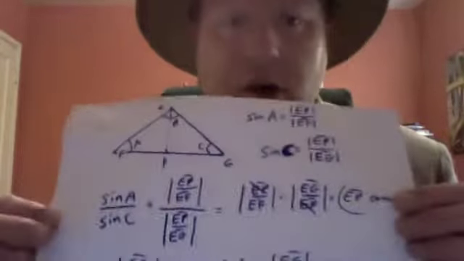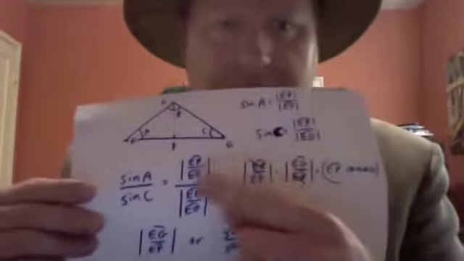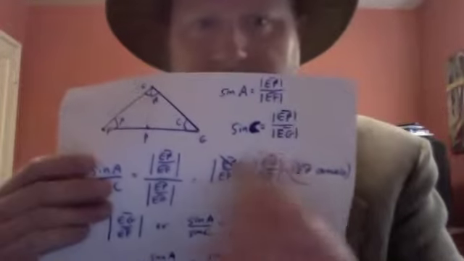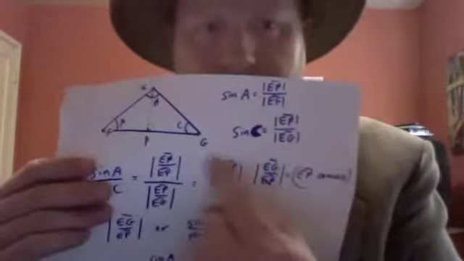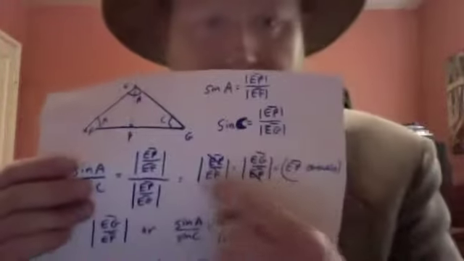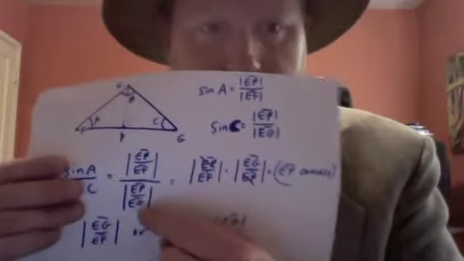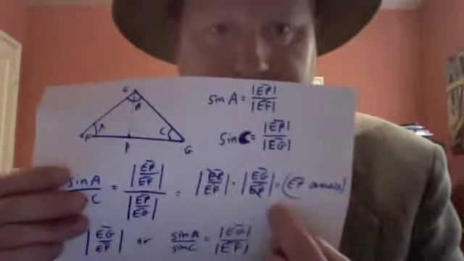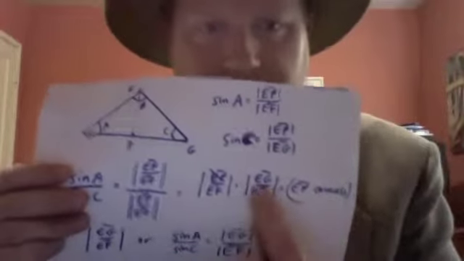Well, what do I know about dividing by a fraction? It's the same thing as multiplying by its inverse. So if I take EP over EF and divide it by EP over EG, it's the same as multiplying by EG over EP, which is fortunate because the EPs cancel.